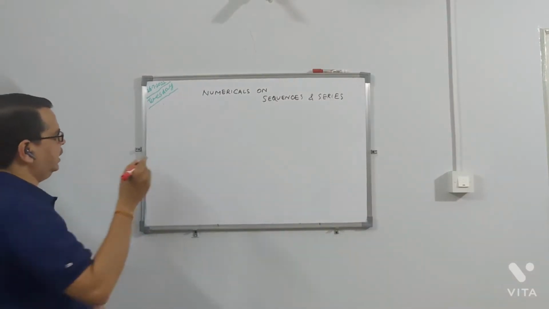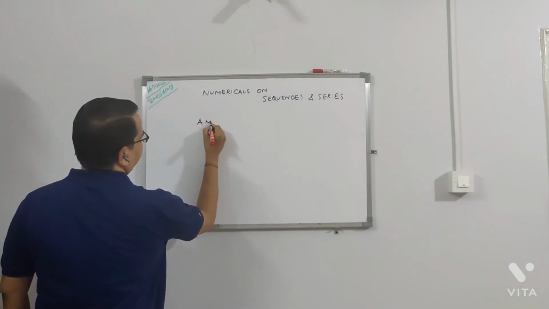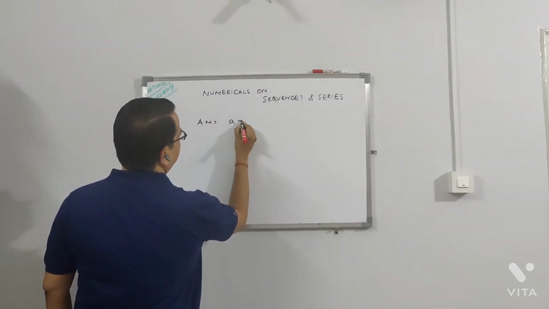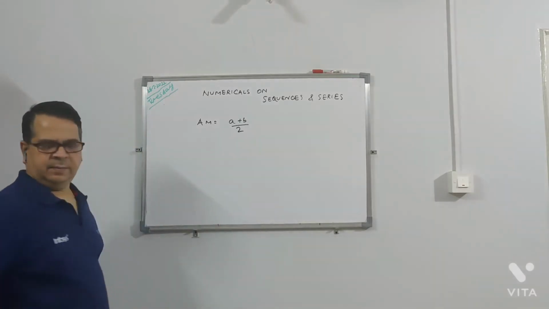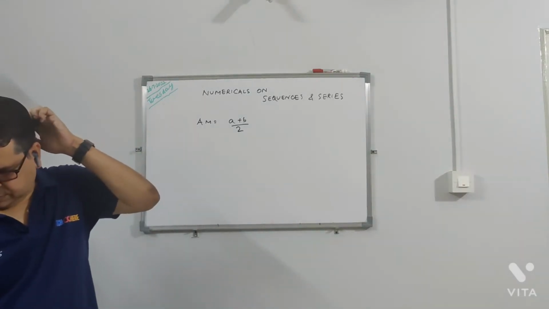And there is something called arithmetic mean and geometric mean.